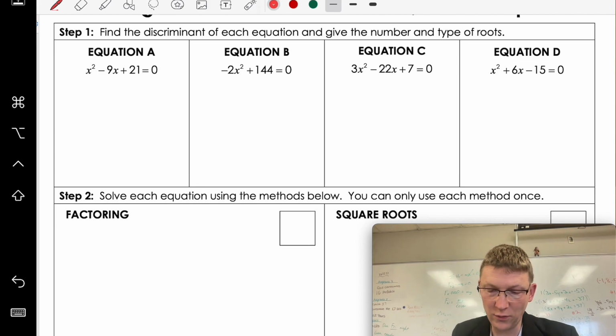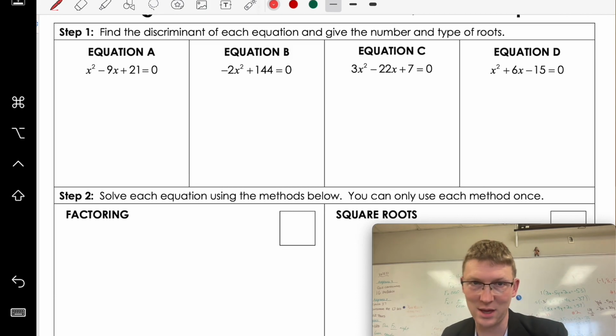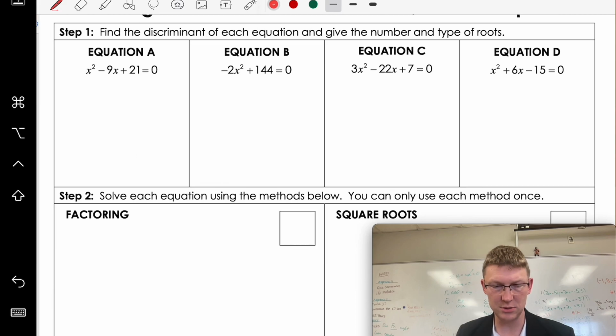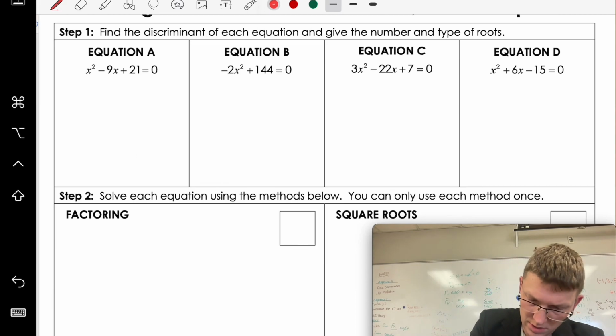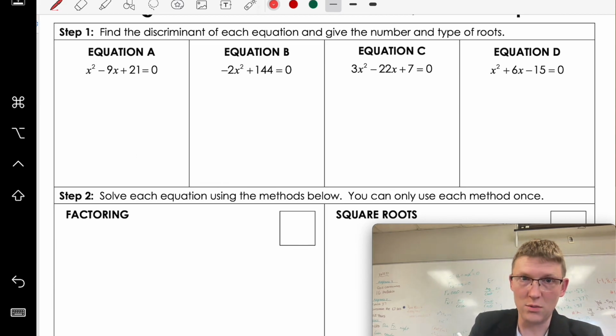So we've got these 4 equations on the screen, and we need to decide how we want to solve them. So the first thing I'm going to do is find the discriminant of each, and that's going to kind of help guide my thinking. So if I were to start on the left, our discriminant is, what is it?